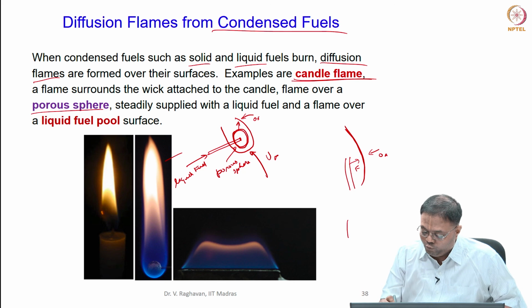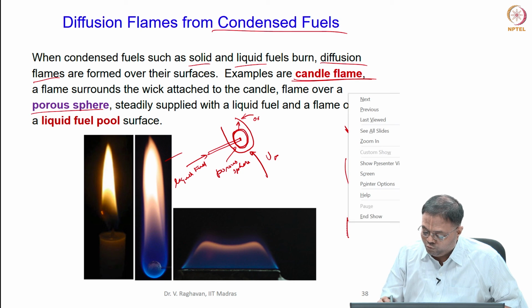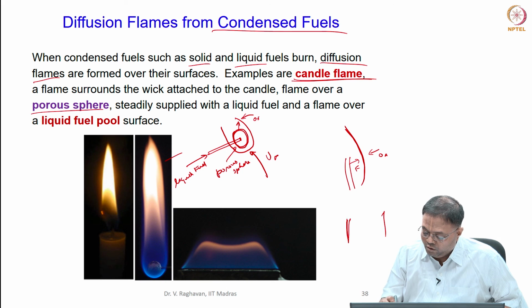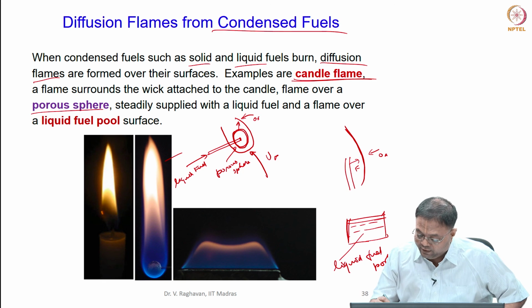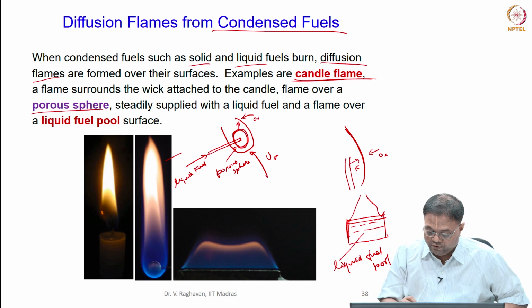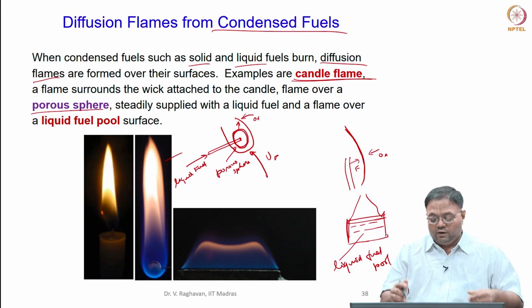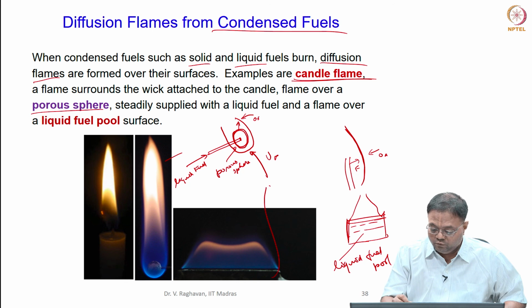Now we have a liquid pool. For example, you have a liquid pool, and if you ignite it, a flame will be formed like this over it. This is a typical flame. It's a slot burner here, a slot having a liquid fuel.